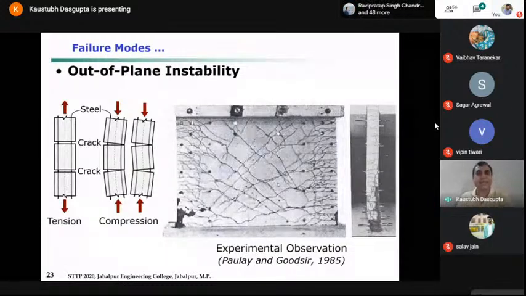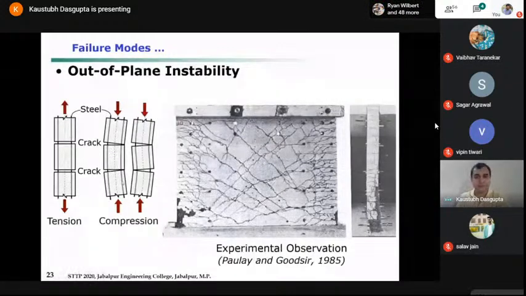So the instability is arising in the out of plane direction. It can also get aggravated if the concrete is cracked. If the concrete is cracked, these sections have become weak. So the wall can bend in the out of plane direction because in the in plane direction it is very stiff. So whatever can happen is in the out of plane direction.